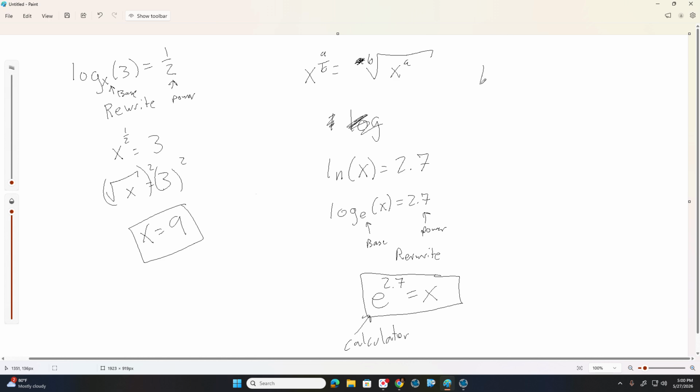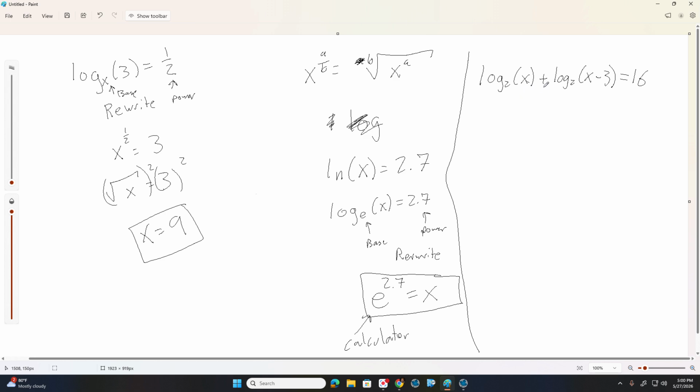As a final one, let's take a look at the log base 2 of x plus the log base 2 of x minus 3 equals, I don't know, let's just say 16. Okay, first things first. We have two logarithms. We would like to rewrite it, but unfortunately, when we have two logarithms, we need to combine.